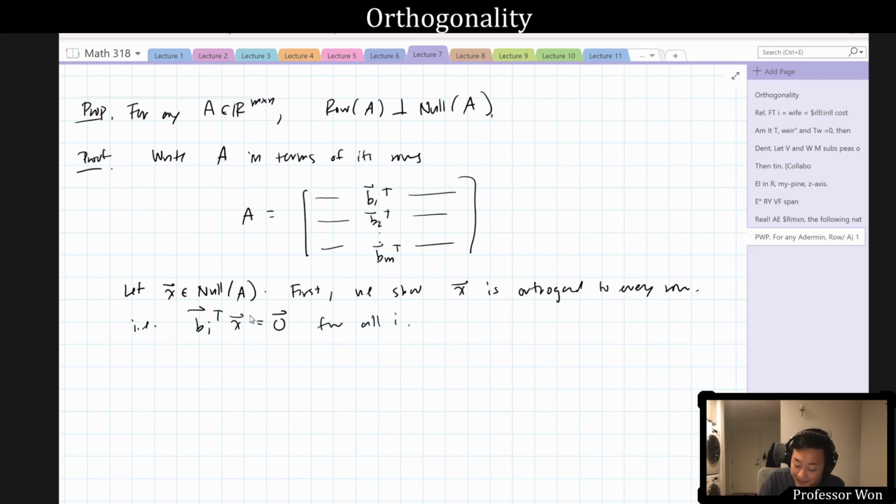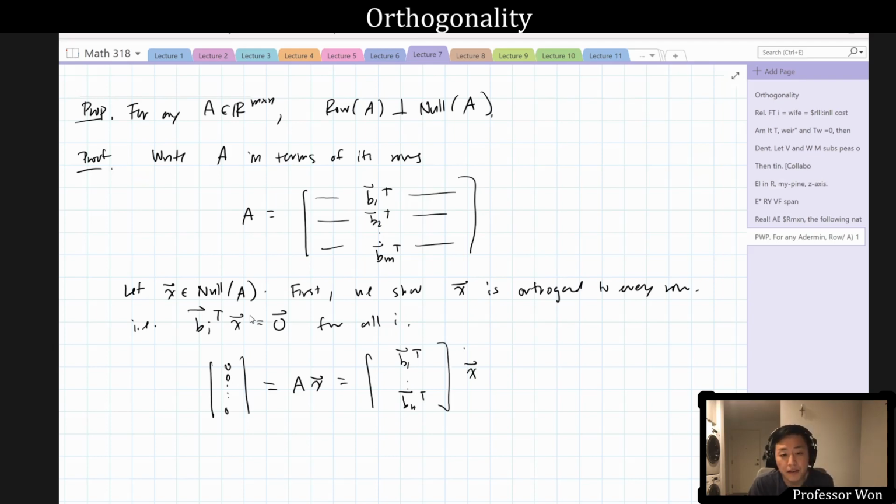Why is that? Well, x is in the null space, so A times x is the zero vector. So 0, 0, 0 is equal to A times x, which is equal to this matrix times x. But how do you compute A times x? What you do is you take every row and you dot it with the vector.